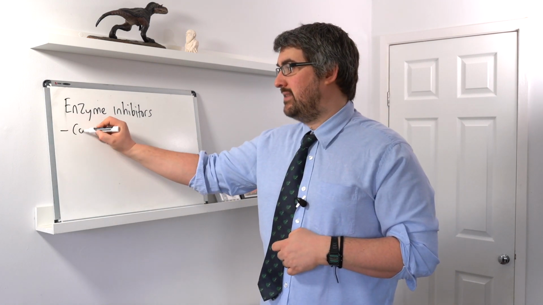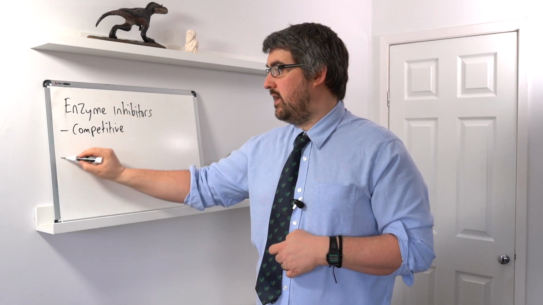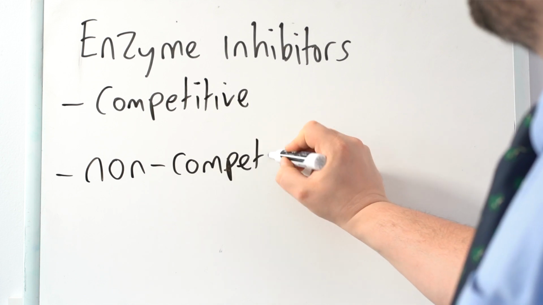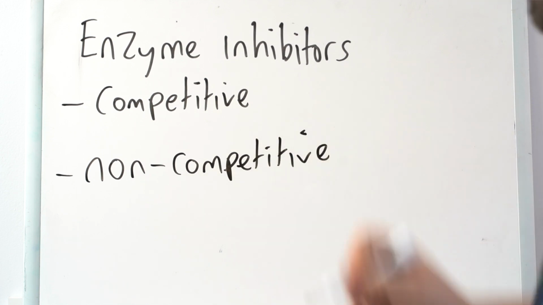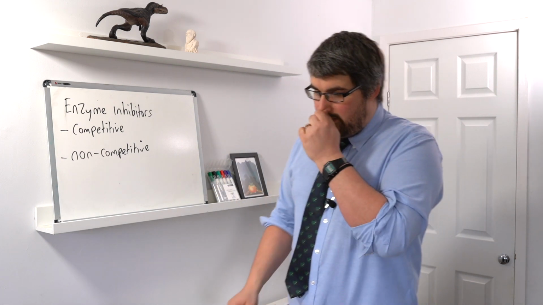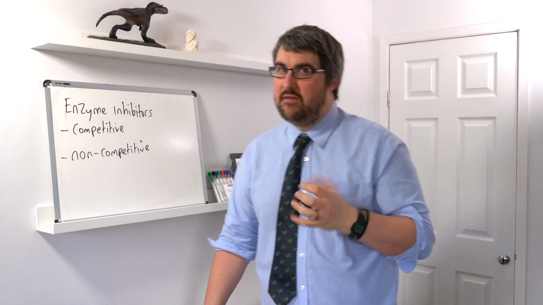They can either be competitive inhibitors or they can be non-competitive. So our competitive inhibitors have a similar shape to that of the substrate. So always look out for that if you get an exam question.